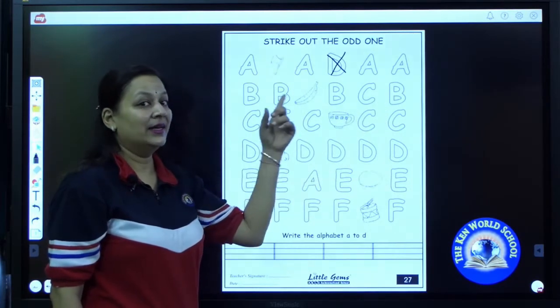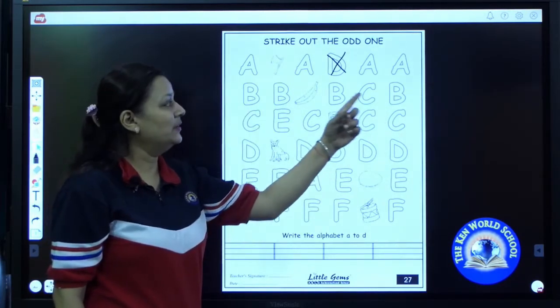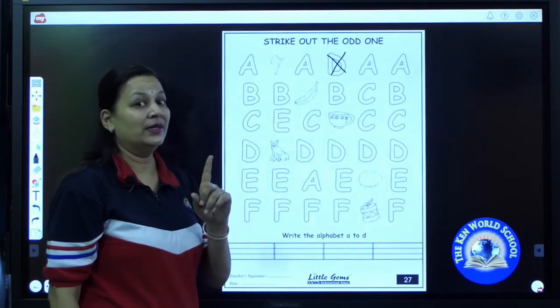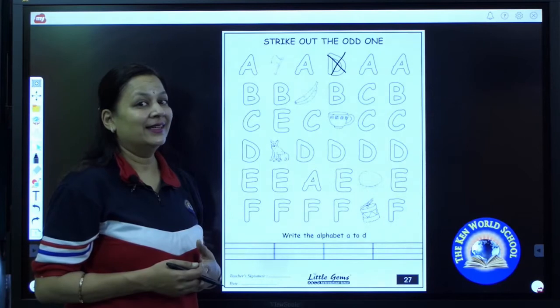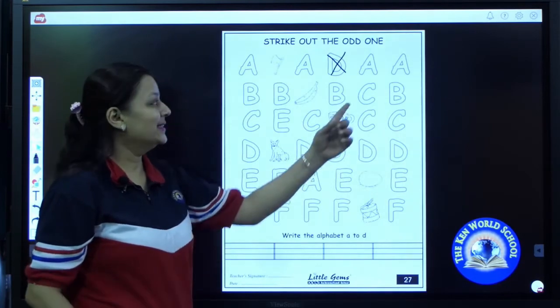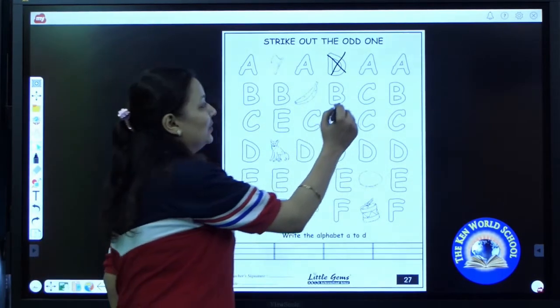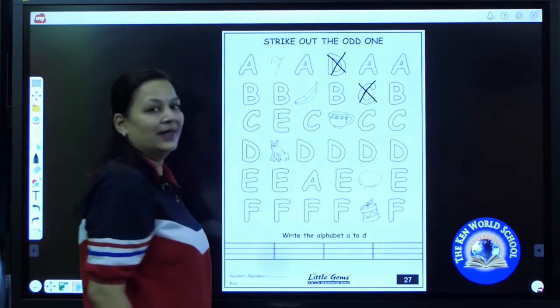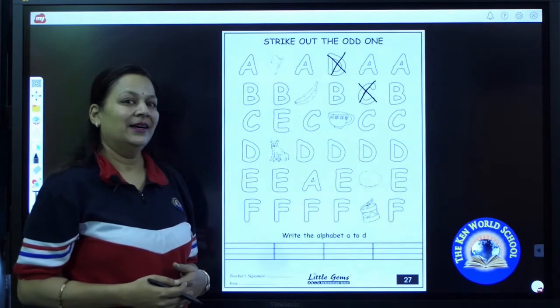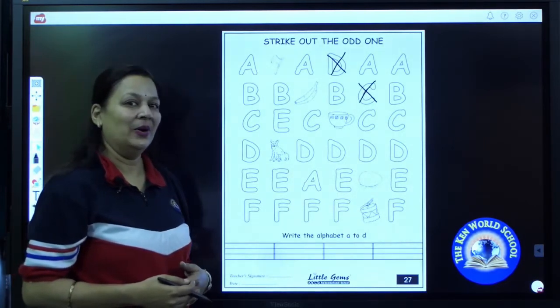B. Again it's the row of letter B. But there is one different letter in it now. So tell me, which is that? Yes, it's C. So we will put a cross. Have you all done? Amazing, great job.